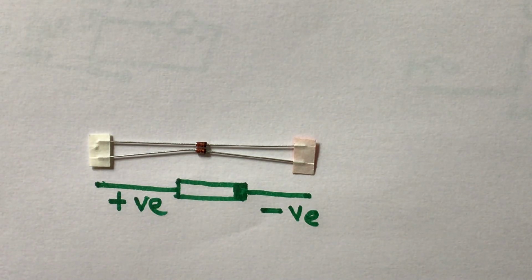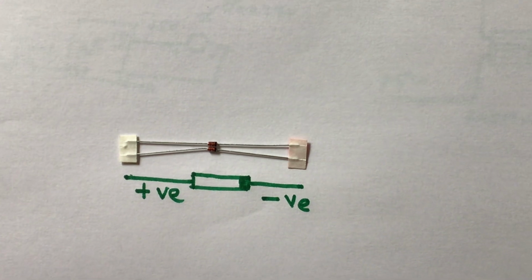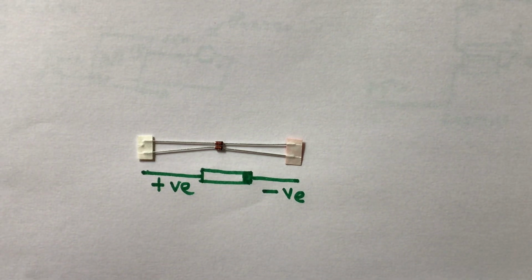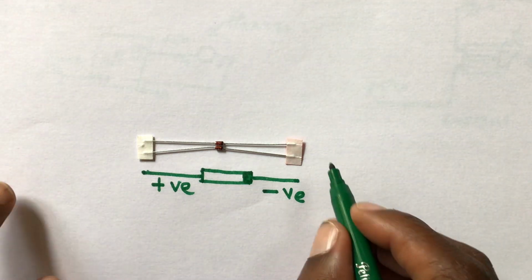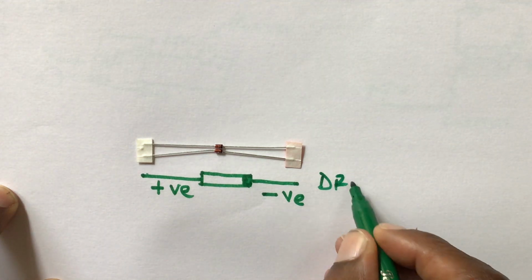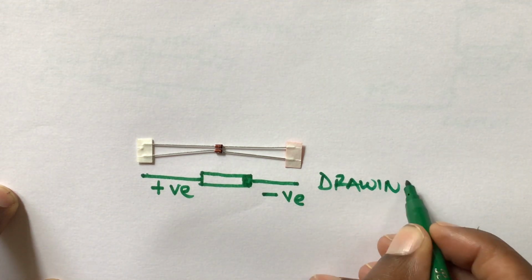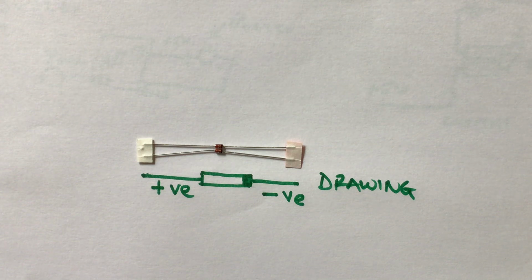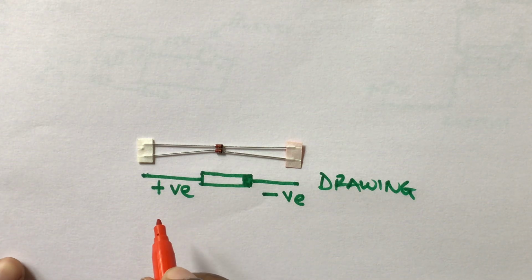We've talked about it severally, and we've mentioned that in electronics we have standard symbols that are used universally for people to be able to read diagrams anywhere. This is the drawing, and the standard symbol for the diode looks like this.